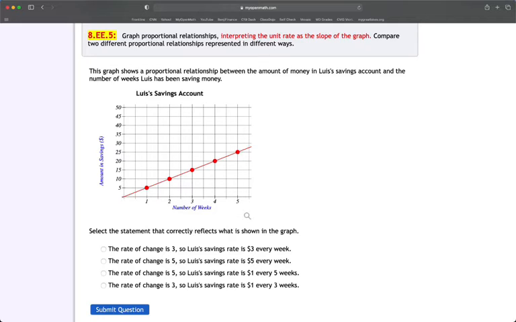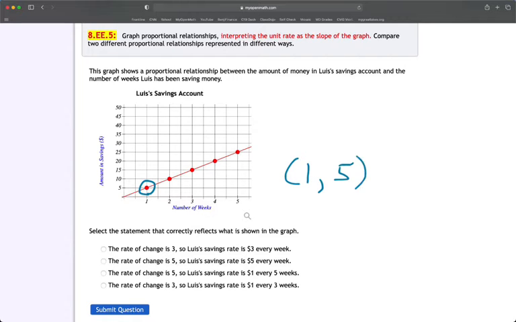This one is actually relatively easy because all of the dots are at perfect ordered pairs: 1, 5, 2, 10, 3, 15, 4, 20, 5, 25. So we could actually take any of those. Let's just take the easiest one right there, 1, 5.